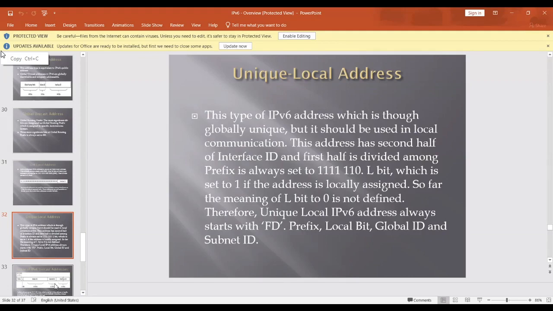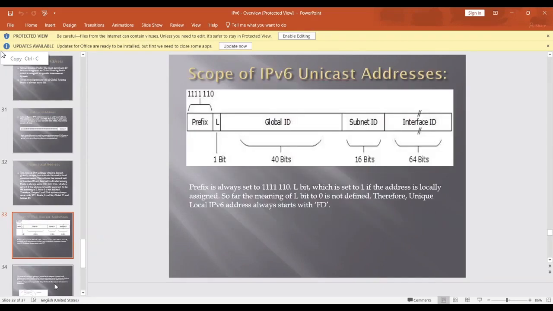The meaning of L bit 0 is not defined. Therefore, the unique local IP version 6 address always starts with the FD prefix. So we can recognize a unique local address by this starting block, the L bit, the global ID and the subnet ID. So you can see the structure.